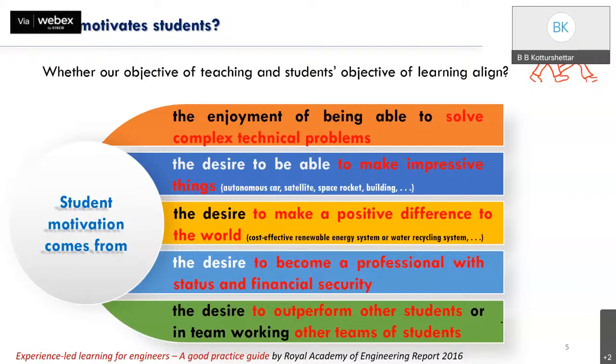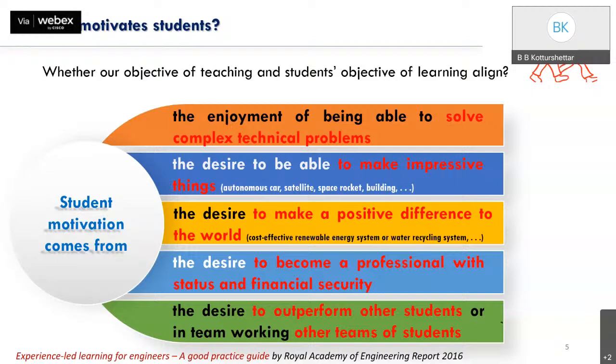Now, as we go through the list, next, students are motivated to make impressive things. Maybe an autonomous car, maybe building a satellite, a space rocket, or a multi-story building. Students are also desirous of making a positive difference to the world.